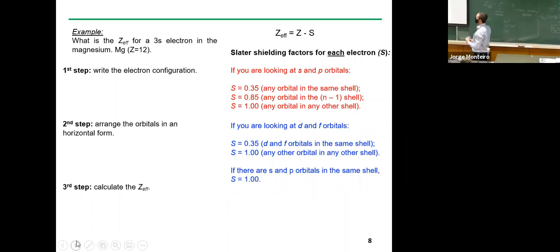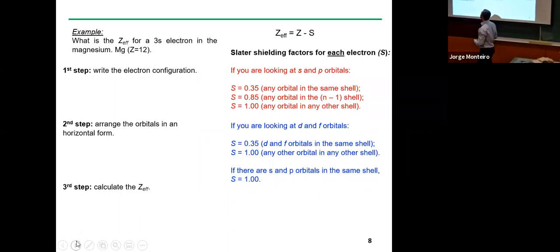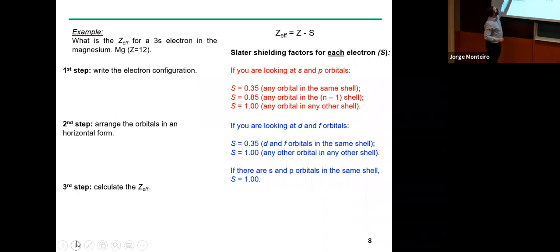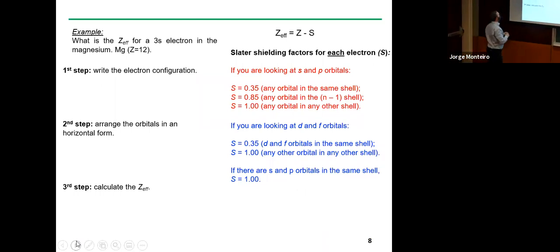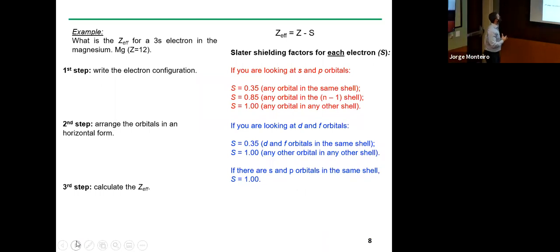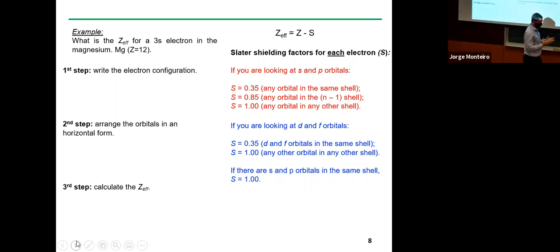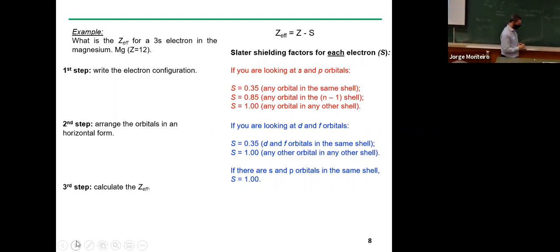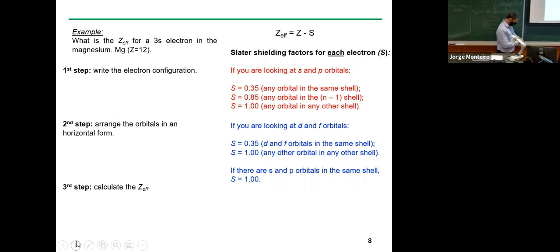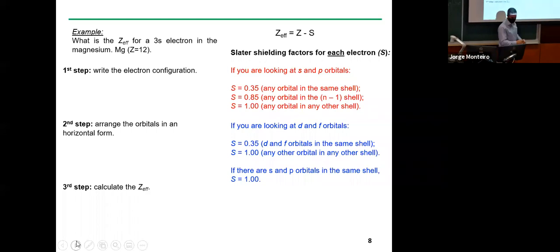Okay. So now I want to move to magnesium. And I want to determine the effective nuclear charge for a 3s electron in magnesium. Okay, let's think about that for a couple of minutes, and then I will solve the problem with you.